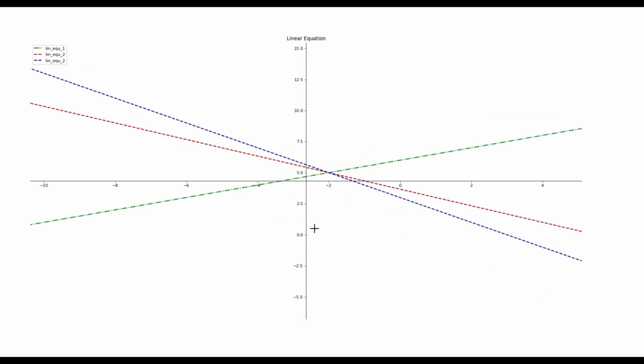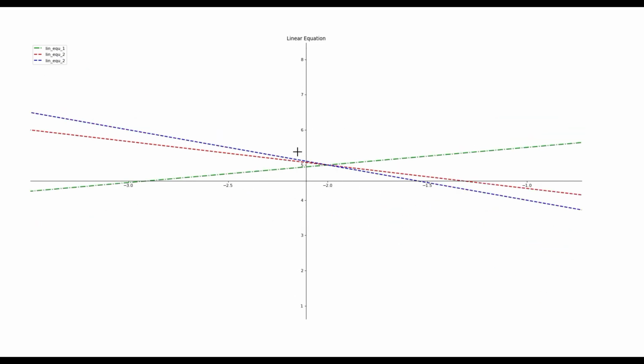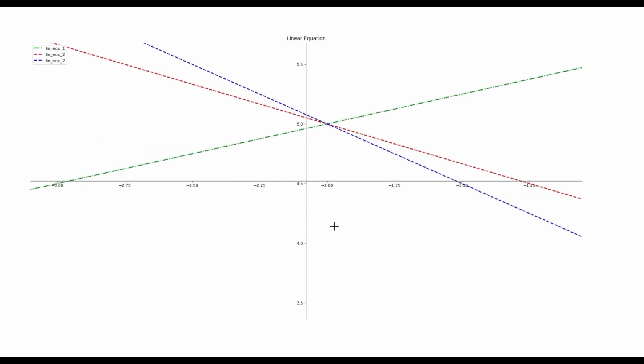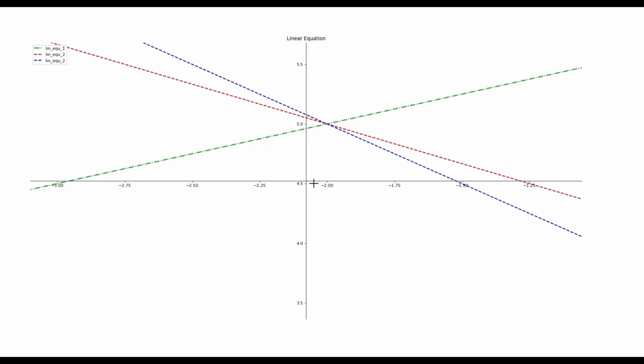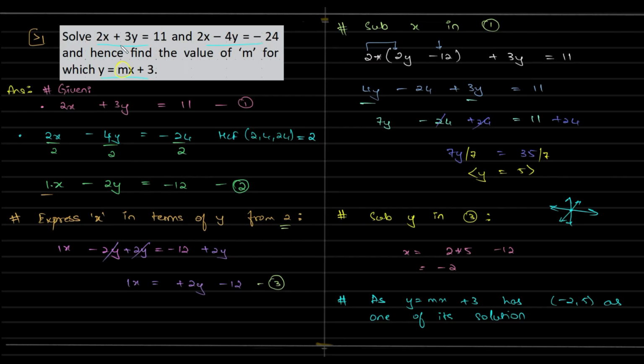You can see clearly that all these 3 lines are crossing a specific point, and that point happens to be minus 2 comma 5. That's what they meant in the question, that the solution of these two equations is also the solution for the third one. The language, I guess we need to understand that. So quite simple though.